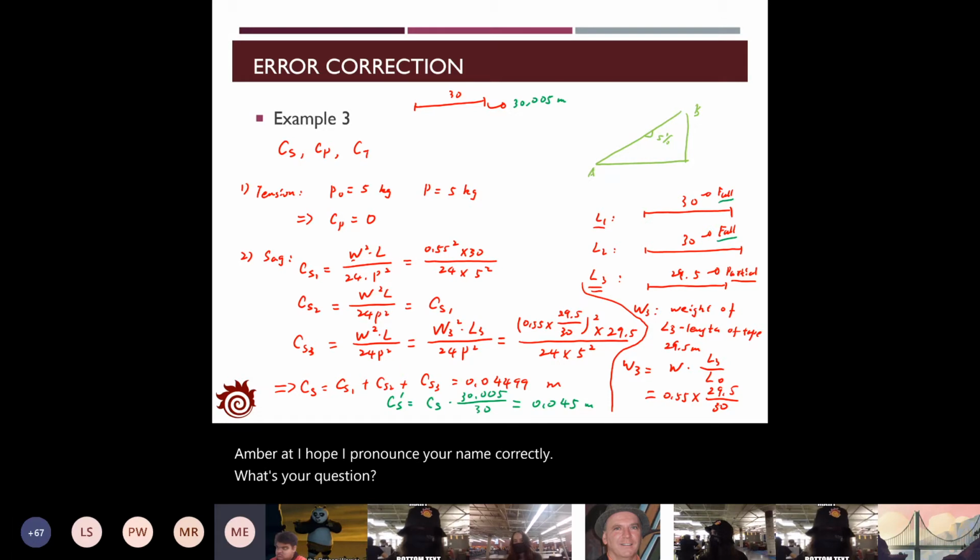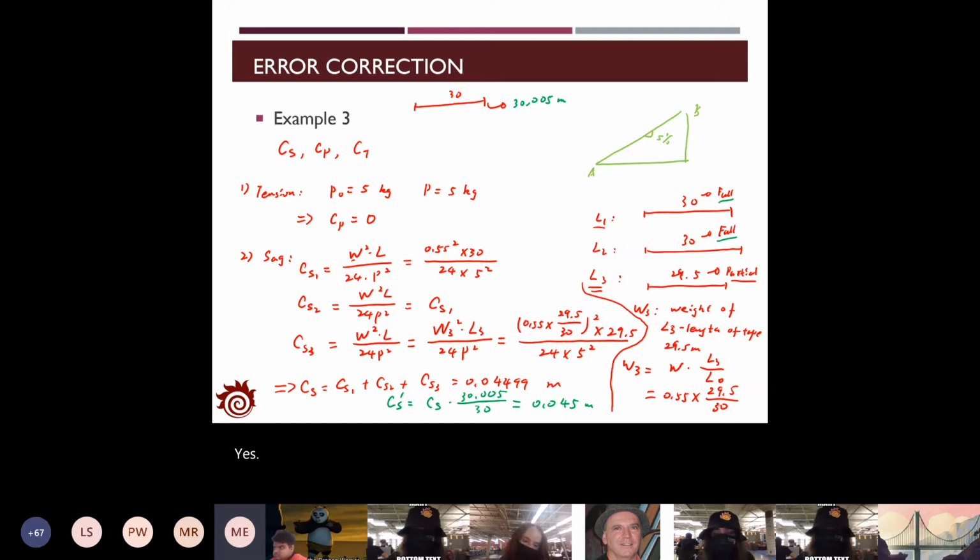Sorry, I was muted. Why is it more correct for us to apply that 30.005 over 30 factor at the end instead of doing it on the lengths and then calculating the sag?